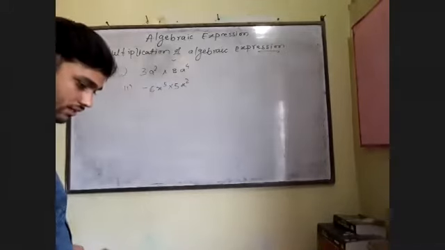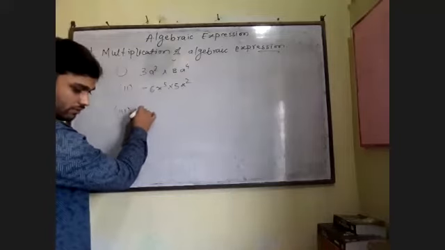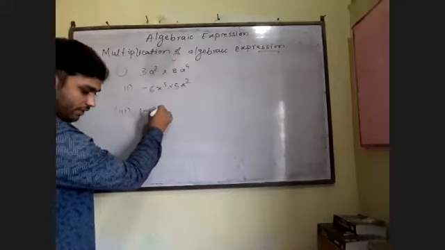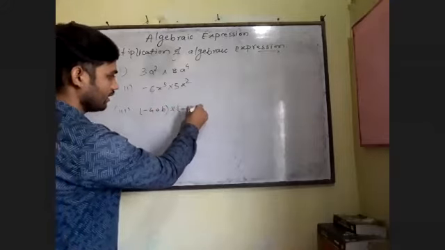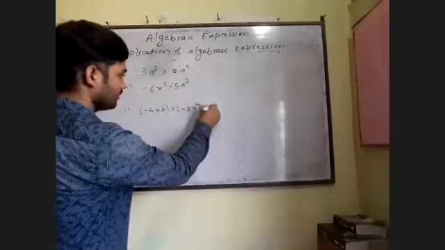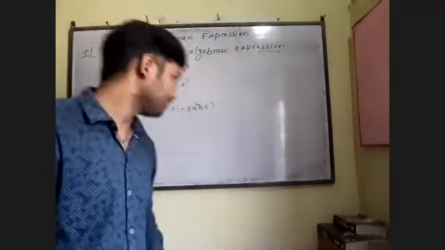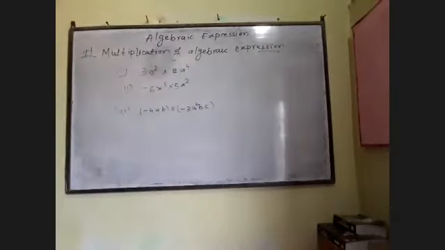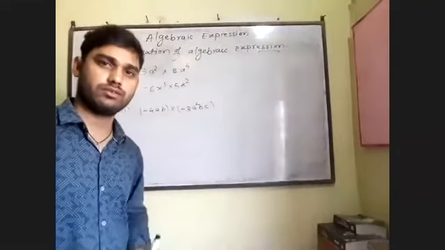Next, the third one is minus 4ab and then minus 3a square bc. Come on, solve it.